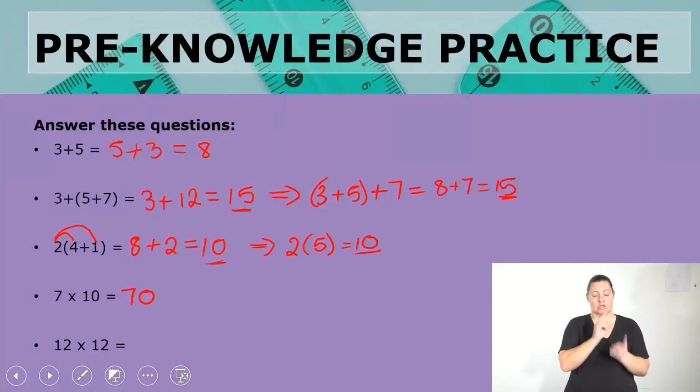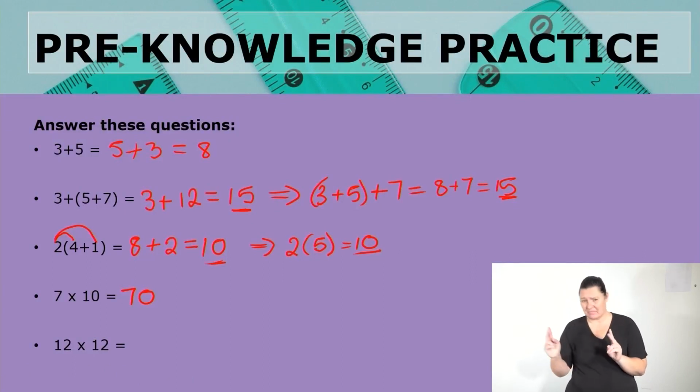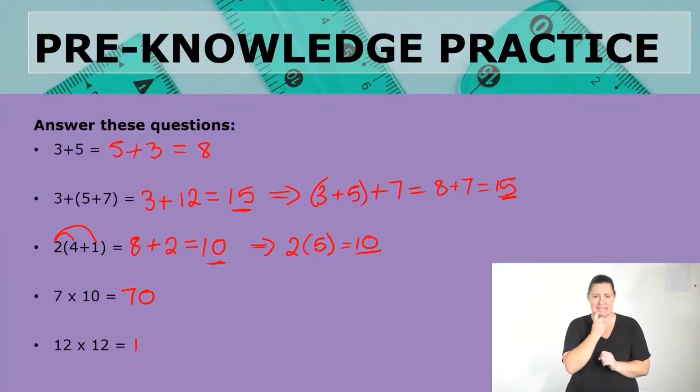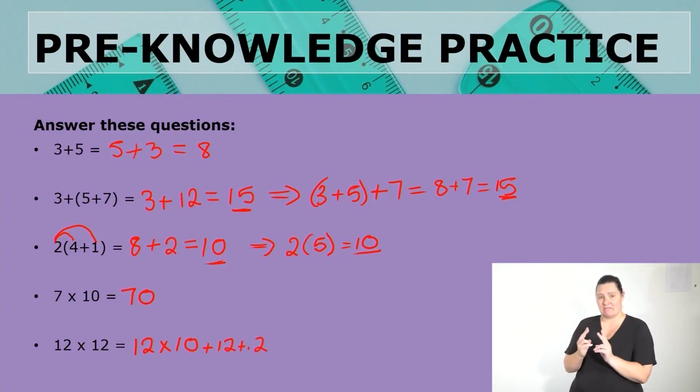12 times 12. Because the multiples of 12 might be a bit too difficult, we can simplify it. The multiples of 10 are easier for us to work with. So let's look at this as 12 times 10. So these are 12 groups of 10. But because we have that 12 and another 12 that we left out of that 10, we need to add that after.